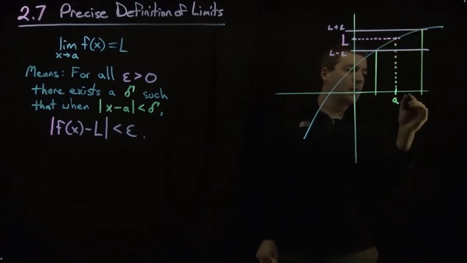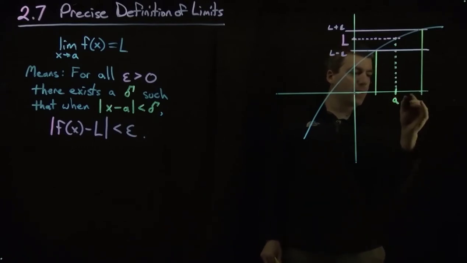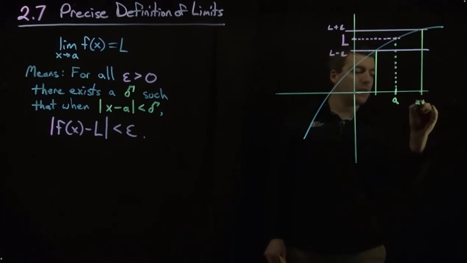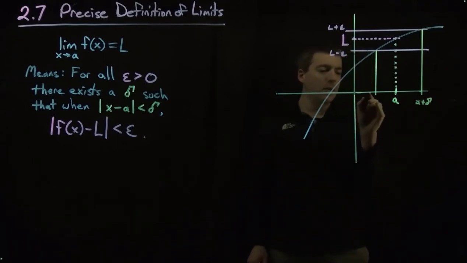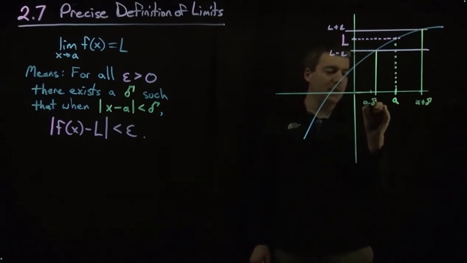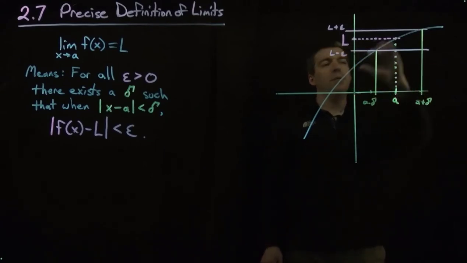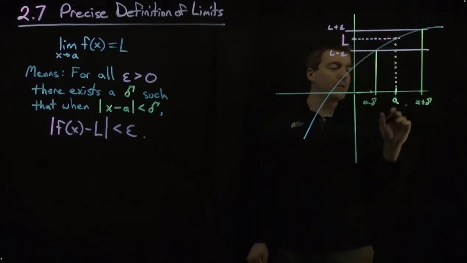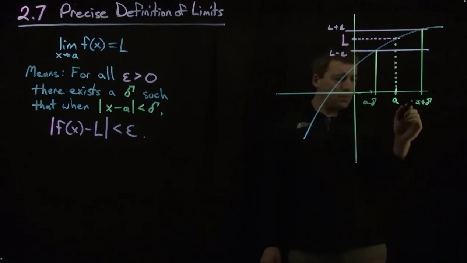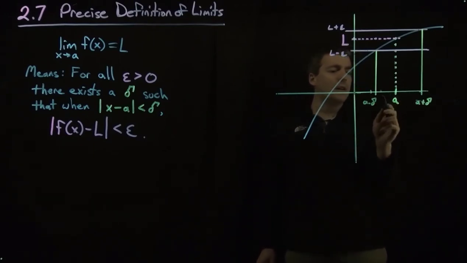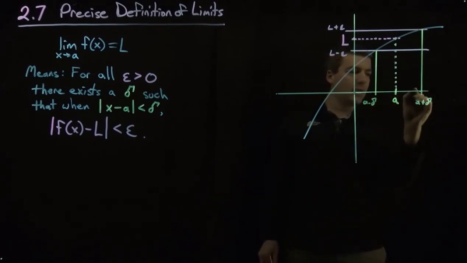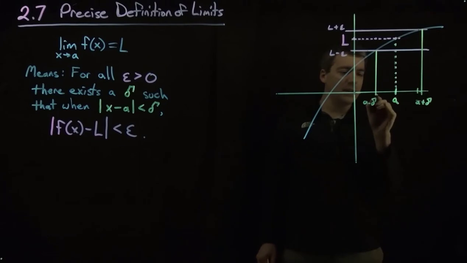This could be a plus delta, and somewhere over here would be a minus delta. This isn't a symmetric interval because of the way the function curves here, but we need to take the smallest one. So we would take the delta to be this distance right here.